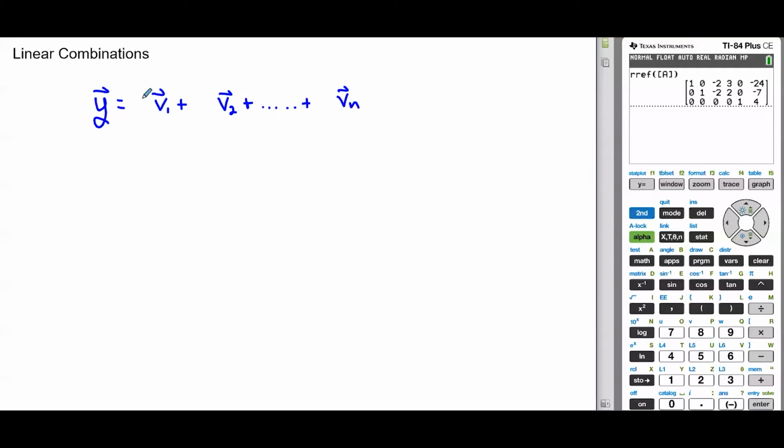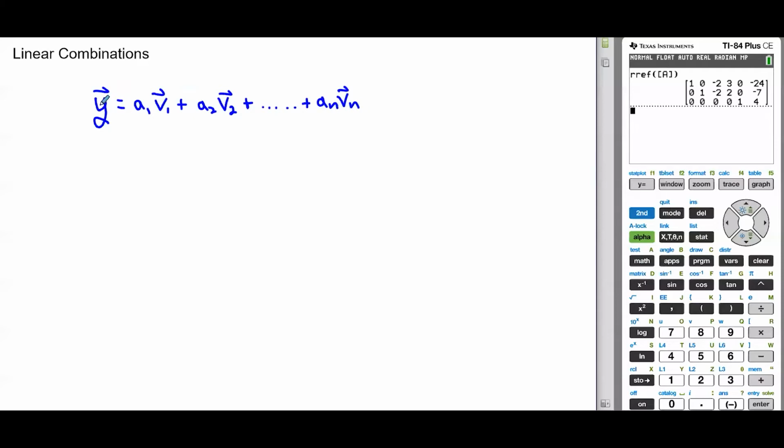And these vectors have these scalar coefficients. We'll call them A1, A2, A sub n. So the A's are scalar constants and the V's are vectors.